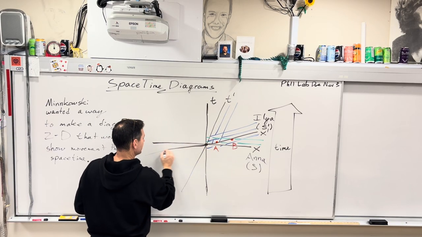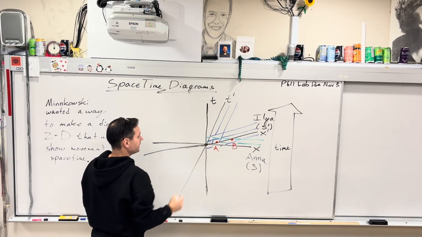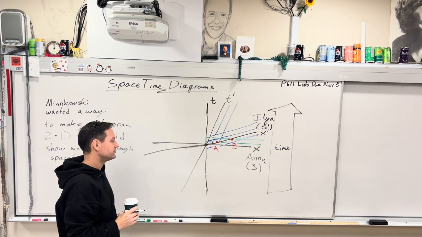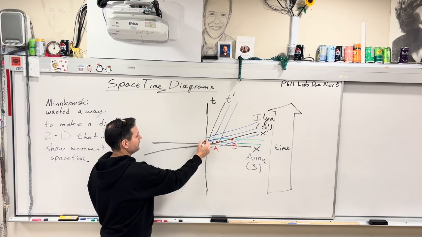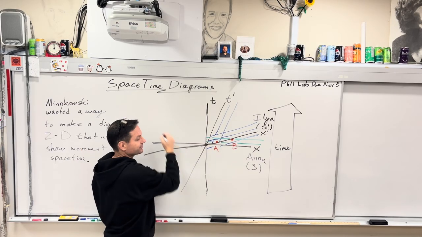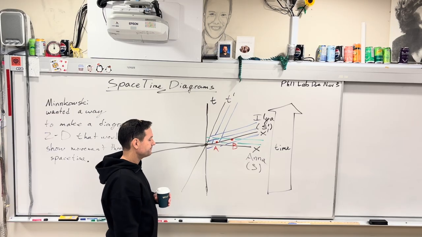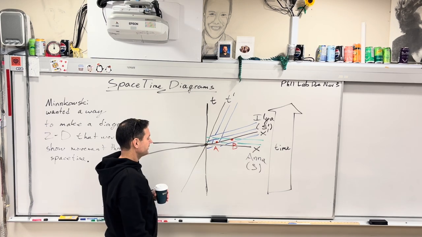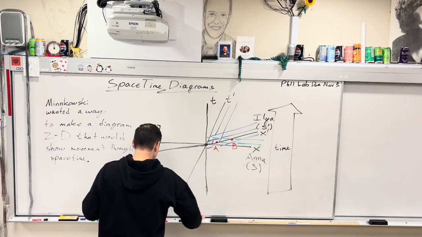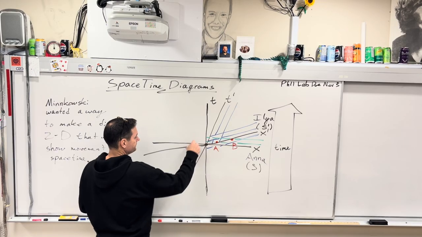These axes keep going, and you can draw it, but it's a bit weird because these ones you would draw like this, right? It's just weird. But you can have an event over here.